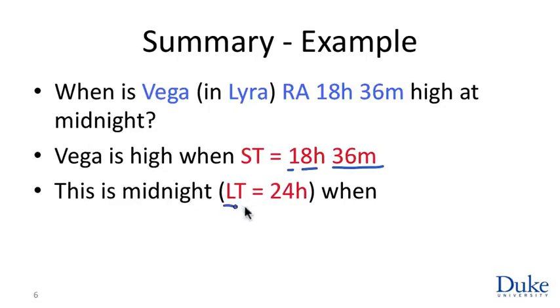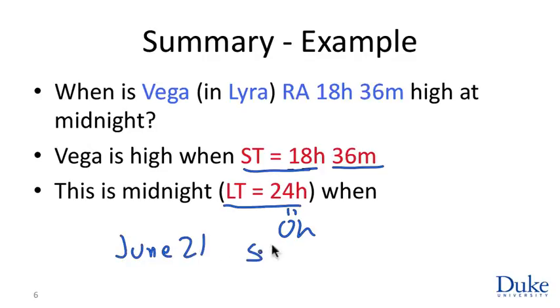I want to know, when is this going to happen at midnight? Well, this will happen when local time of 24 hours, which is the same as 0 hours, corresponds with sidereal time equal to 18 hours and 36 minutes. If you look back at the previous slide, you'll realize that on June 21st, sidereal time was approximately local time plus 18 hours.